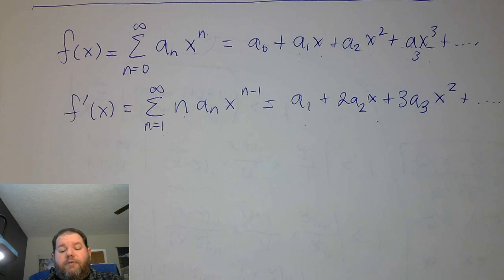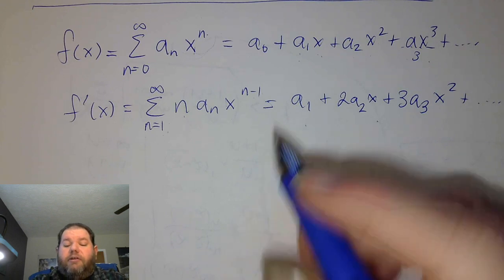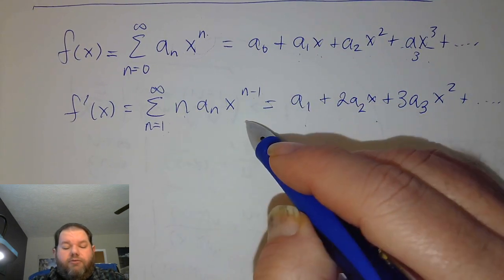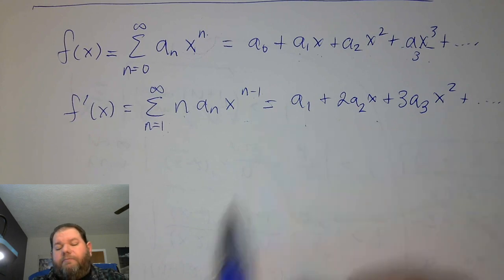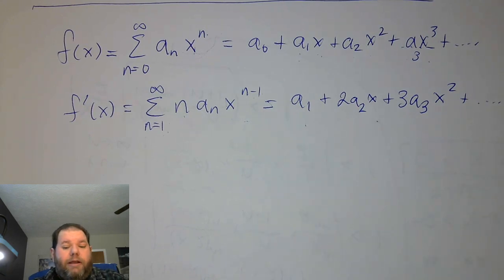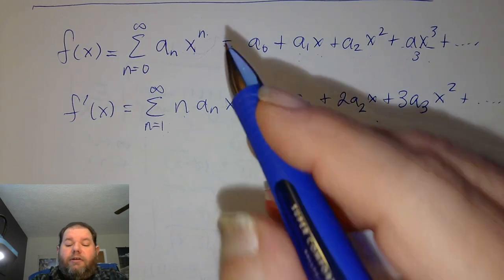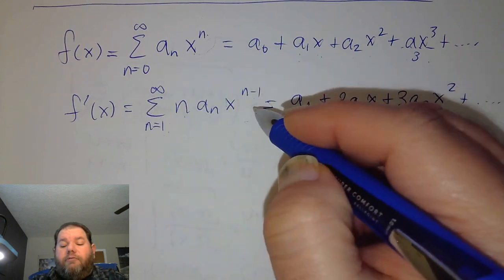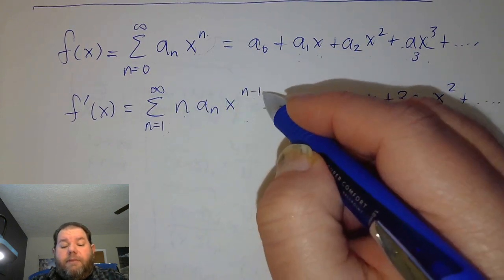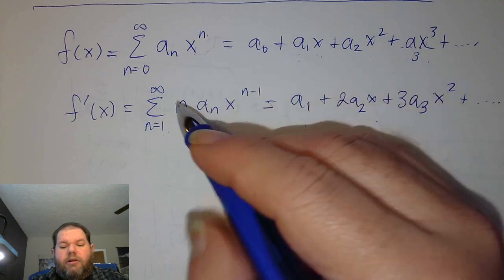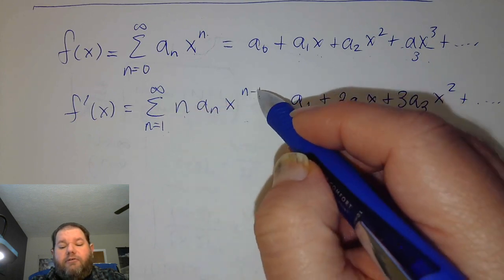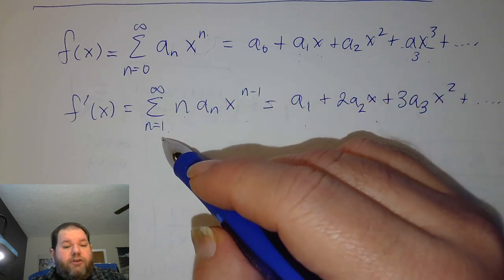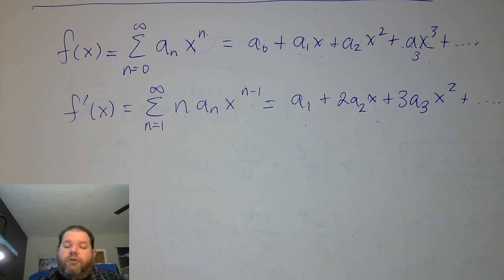We'd just leave it n equals 0 to infinity, and then we'd still have our derivative inside. That only applies if plugging in n equals 0 doesn't make this a negative number. In this case, n equals 0 does make this negative, so we want to make sure we leave it out. We don't want to have a negative exponent.